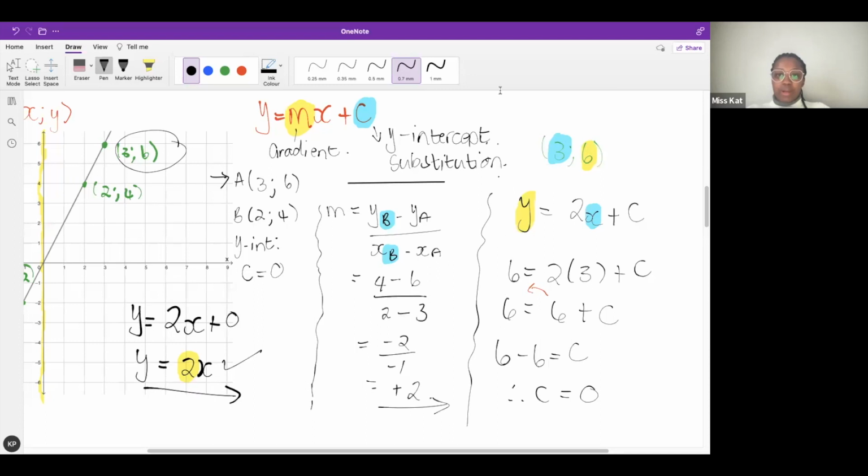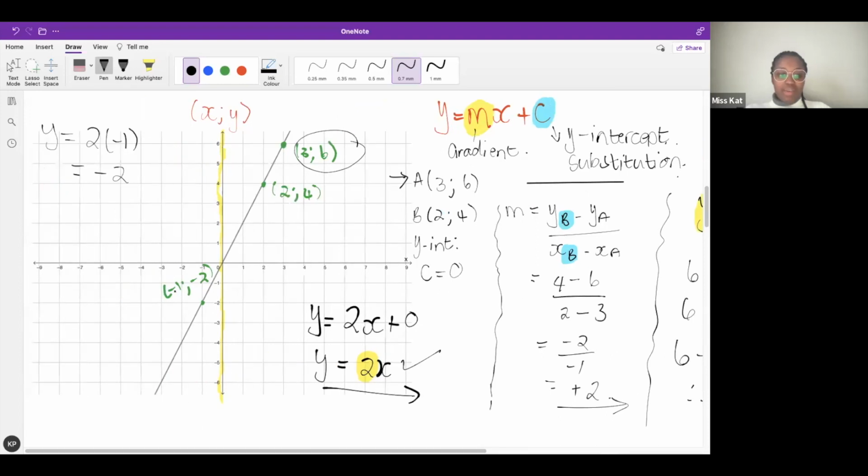Wonderful. So depending on your graph or whatever you're comfortable with, you can either look at your y-intercept, or you can substitute a point and find c using equations.